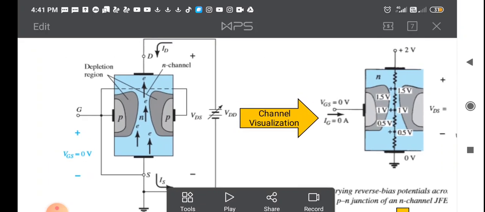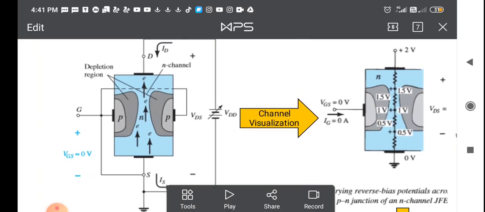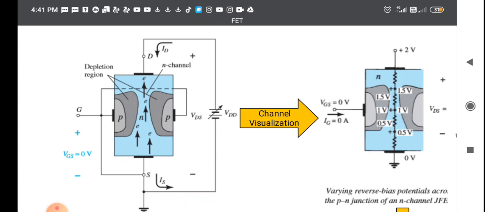Now come back to the original JFET. You can see that whenever a P region and N region are combined, a depletion region is formed. The property of the depletion region is that if the P and N junction is forward biased, then the depletion region is narrow. But if it is reverse biased, then the width of the depletion region is going to increase.